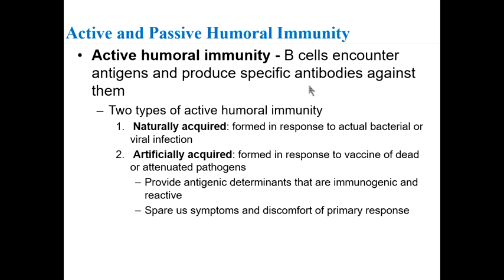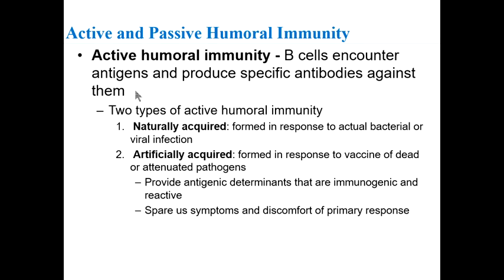This can happen two ways, naturally or artificially. Naturally means just get infected. Whenever we're infected with an antigen, this will happen naturally. And this is typically the best way to acquire immunity, is through naturally acquired form of humoral immunity. So that's just actual bacteria or actual viruses entering our system.